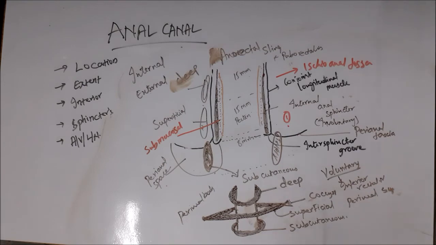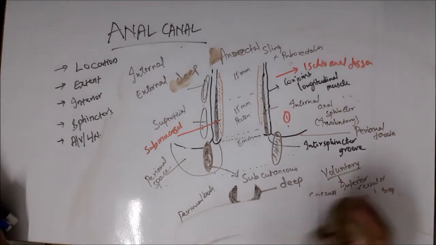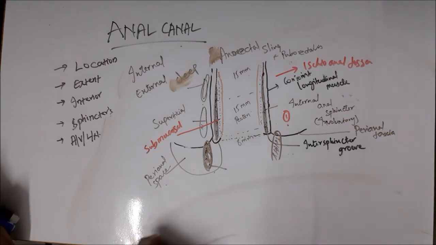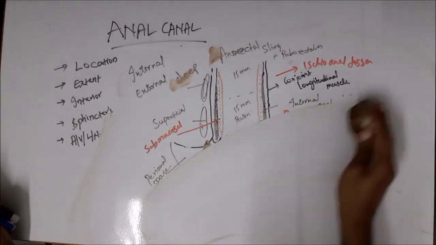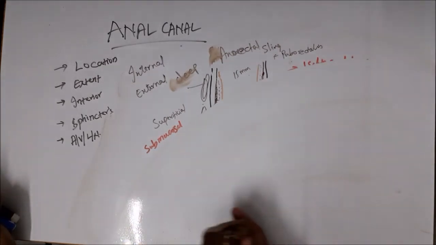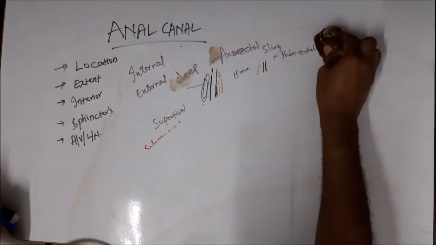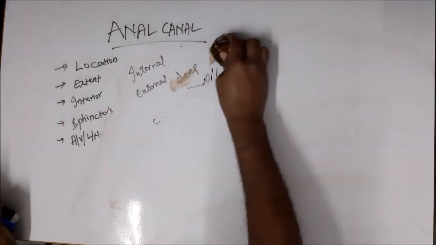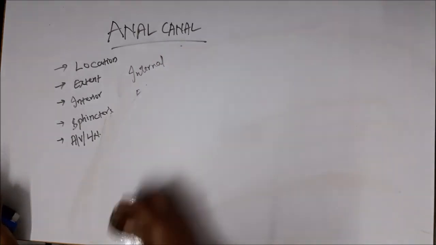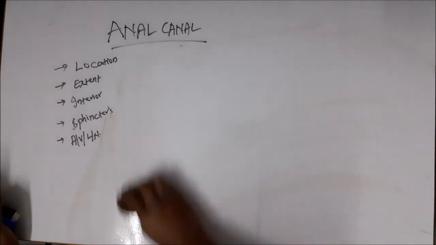There are abundant venous plexus forming there. Then coming to the arterial supply, venous drainage and lymphatics and nerve supply. And what is the peculiarity of that white line? White line is demarcating between the lower end of the internal anal sphincter and the subcutaneous part of the external anal sphincter.